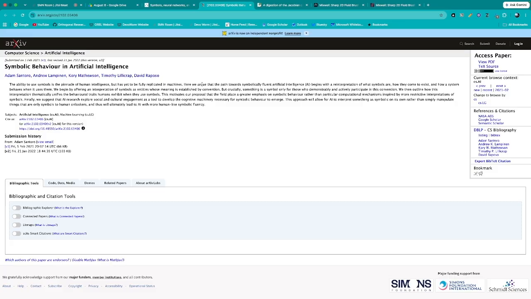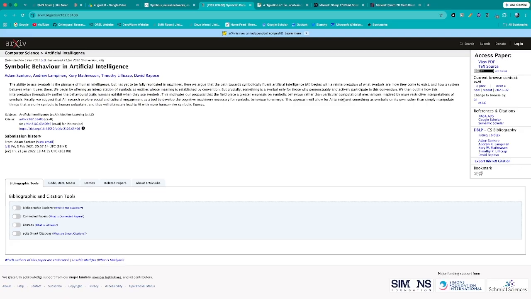This motivates our proposal that the field places a greater emphasis on symbolic behavior rather than particular computational mechanisms inspired by more restrictive interpretations of symbols. Finally, we suggest that AI research explore social and cultural engagement as a tool to develop the cognitive machinery necessary for symbolic behavior to emerge.